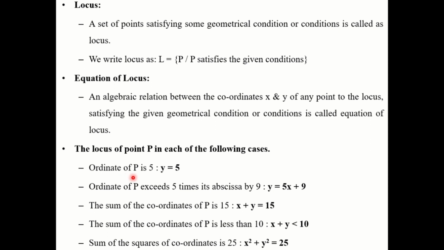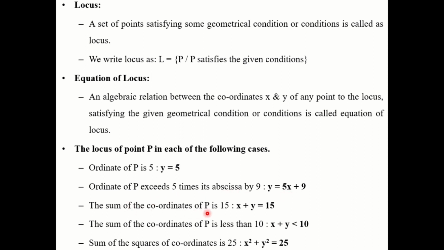The ordinate of P is 5, so we write y is equal to 5. The ordinate of P exceeds 5 times its abscissa by 9. We write y is equal to 5x plus 9.